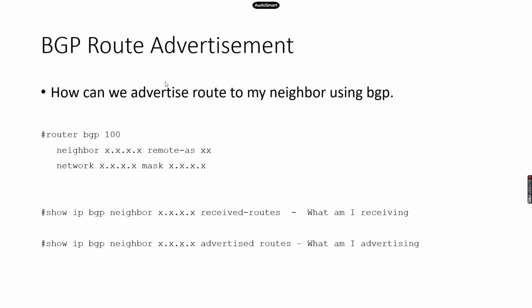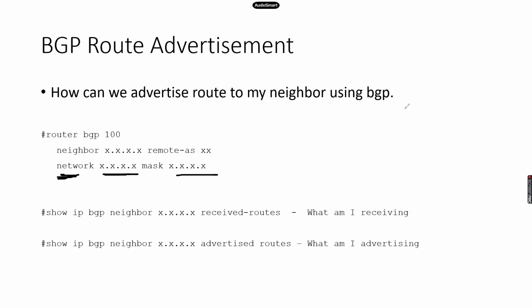Okay. Next thing, BGP route advertisement. Now how can we advertise a route to my neighbor using BGP? To advertise a prefix using BGP, as I just told you, use the network command. We use the network command to advertise any prefix with a defined subnet mask value.